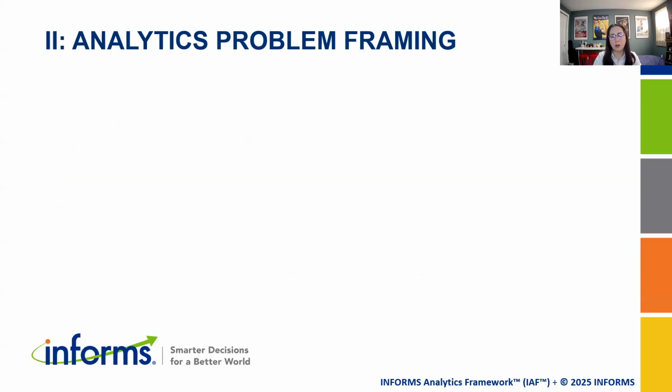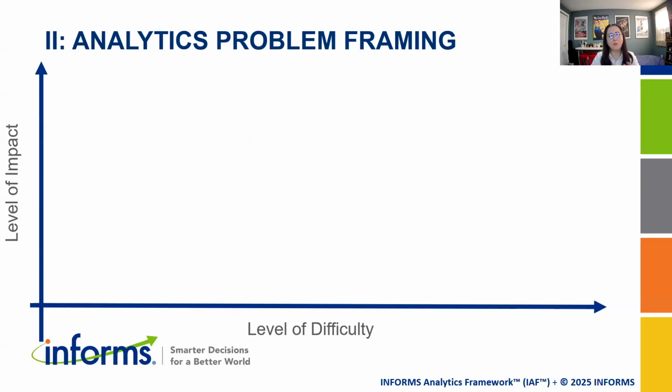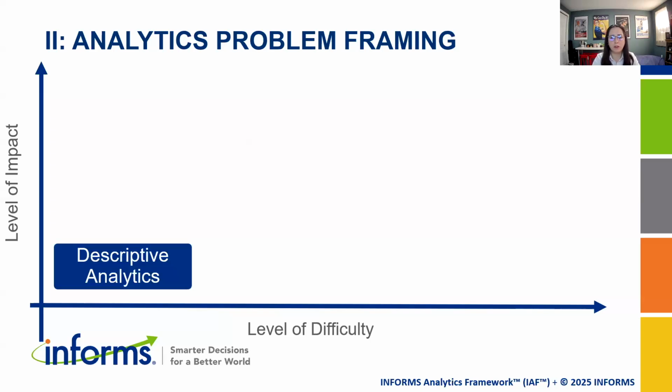One way I like to talk about how to do things in general is using this analytics continuum. I adapted this from a Gartner product a few years ago. So this is going on the x-axis, left to right, level of difficulty get more difficult, and then the level of impact from the bottom to top get more impactful. So down here in the bottom left, we have the descriptive analytics. So going back to my role, when I was in the Coast Guard, I worked in human resources analytics.